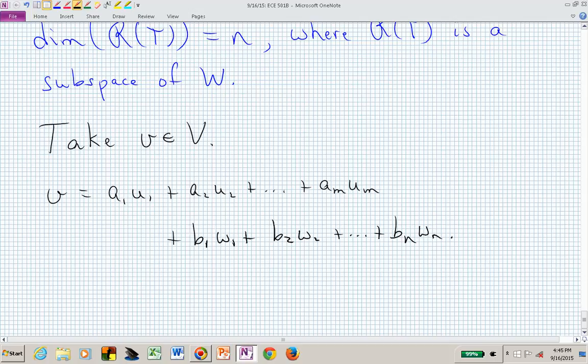We pick a v, we can rewrite it as a linear combination of our basis vectors, scaled with the appropriate scalars. Now, what happens if I map v through this linear map T?